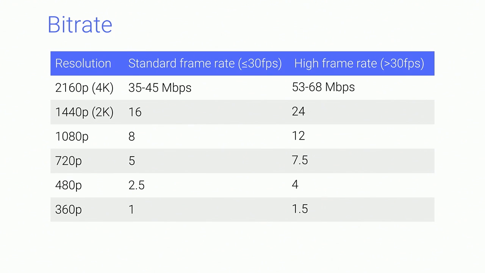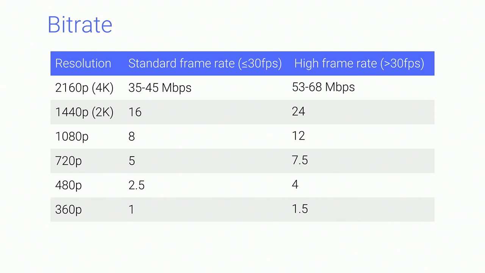So a very common one is the H.264 encoder, and that's found on almost every device now. They're usually implemented in hardware. The H.265 encoder is coming, and it will be on more modern devices, and it's much more efficient at this compression.